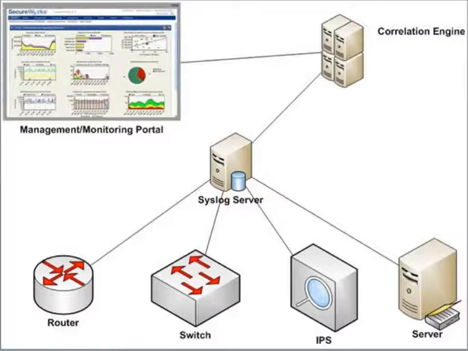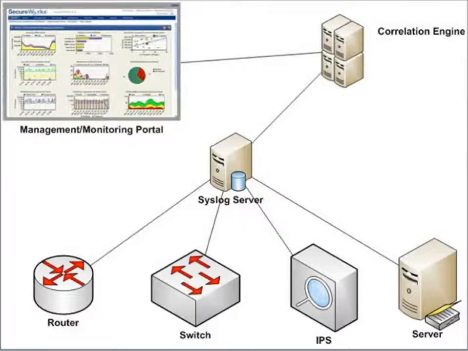And it's going to do that through a portal. It can also do alerts through email and text messaging and that type of thing. But the way that I did this in my last organization is I had my on-call analyst always had the portal up for the SIEM on one of his monitors.